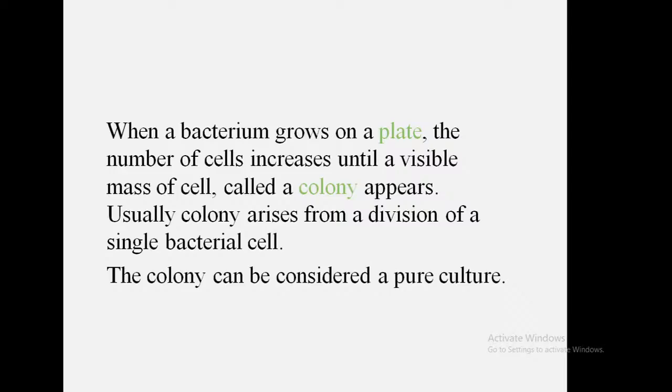When bacteria grow on a plate, the number of cells increases until a visible mass of cells appears. That visible mass of cells is called a colony. Usually a colony arises from the division of a single bacterial cell, so the colony can be considered a pure culture.